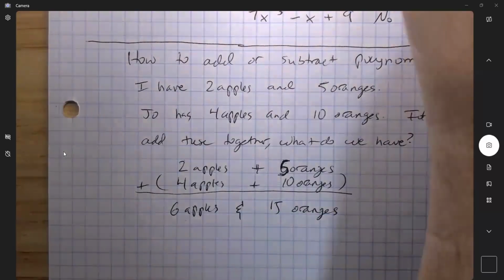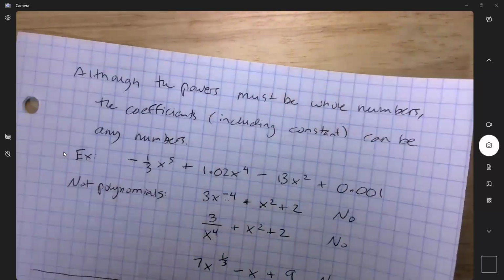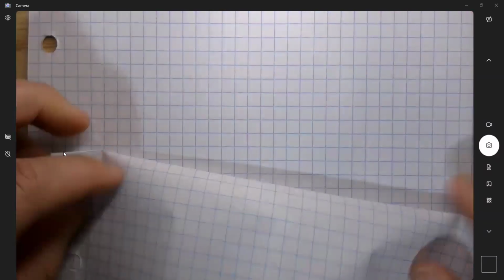And it works the exact same way with a polynomial, except instead of having apples and oranges, we have powers of x.